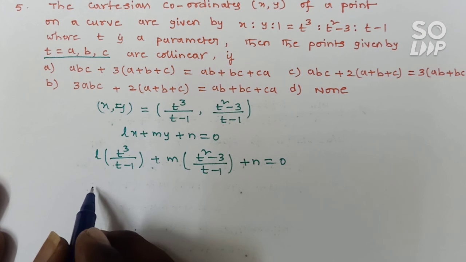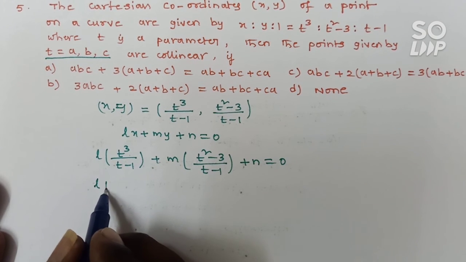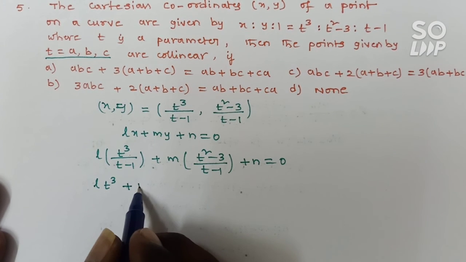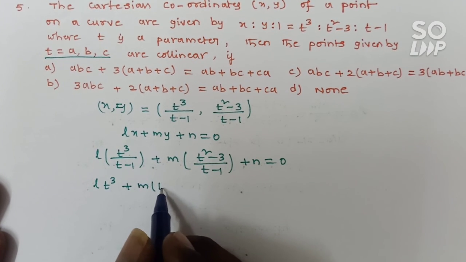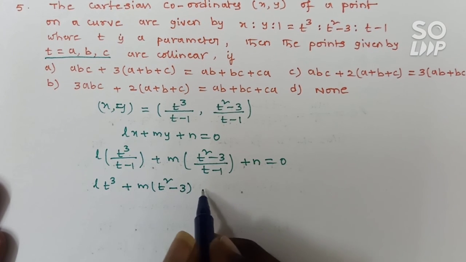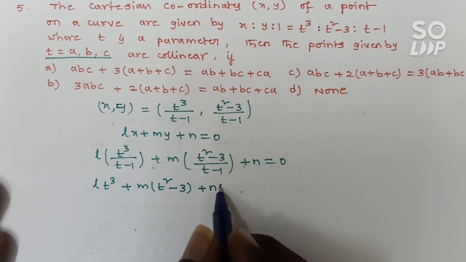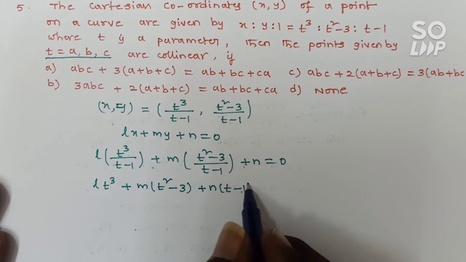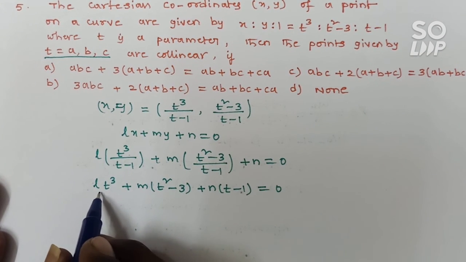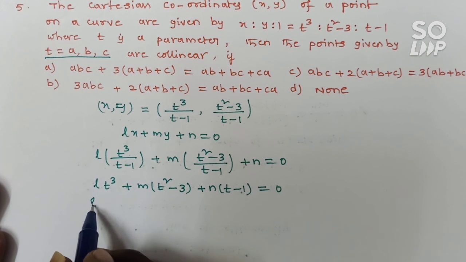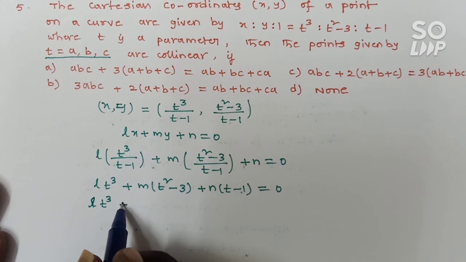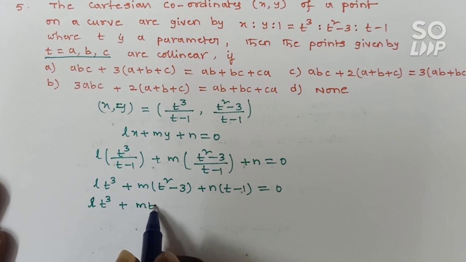Now you simplify this one. L into t cube plus m into t square minus 3 plus n into t minus 1 is equal to 0. Now you write this in the proper order. First the t cube term, that is L into t cube plus m into t square.